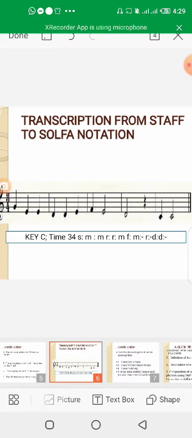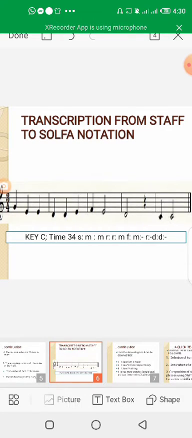Then the last one, which is this crotchet note and this minim note. Remember, 2 crotchets make 1 minim, and the song is on 3/4. That means you're going to see 3 crotchets in 1 bar. Okay, so let's count together. 1, 2, 3.